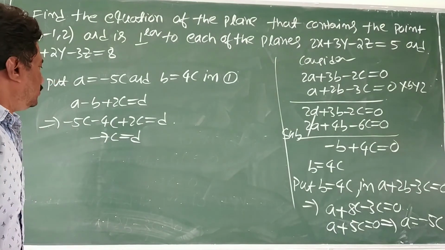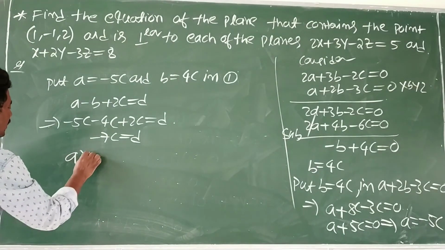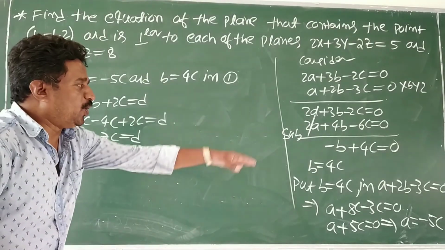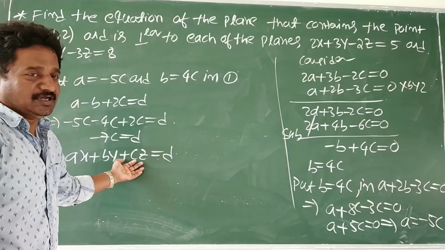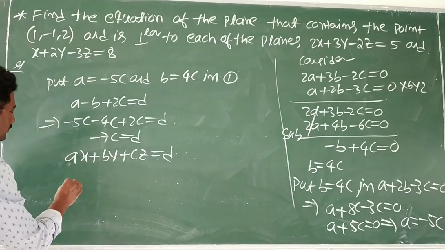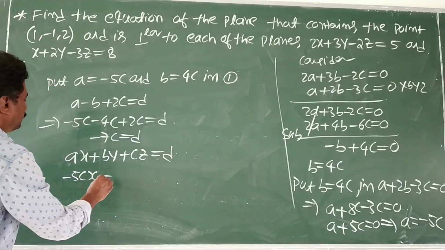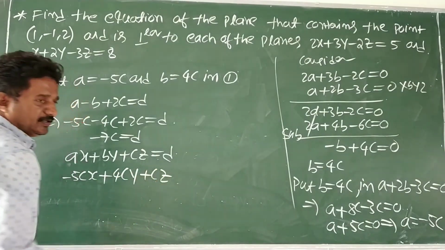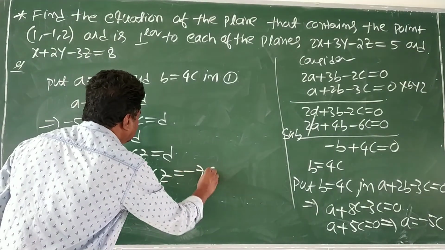The last step is to put a, b, c in the original equation, ax plus by plus cz equals d. Substituting all these values: a is minus 5c, so minus 5cx; b is 4c, so plus 4cy; plus cz, keeping c as it is; d is minus 7c.